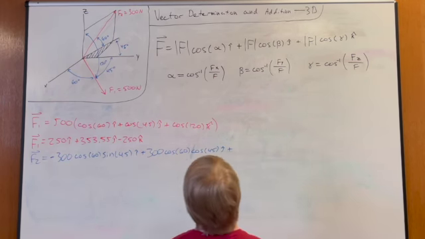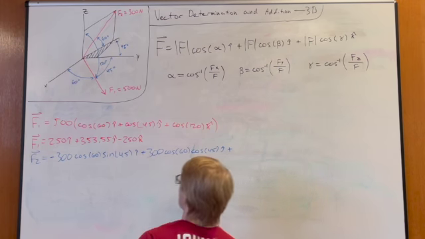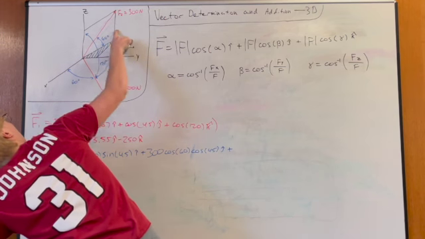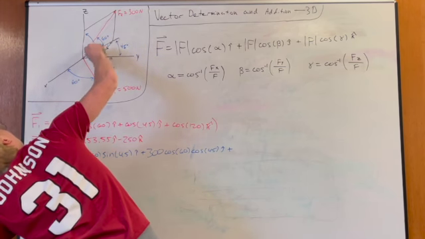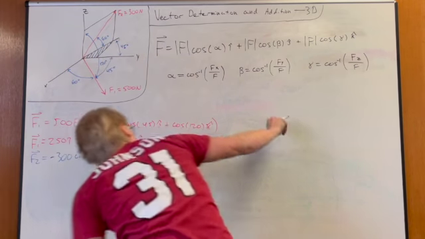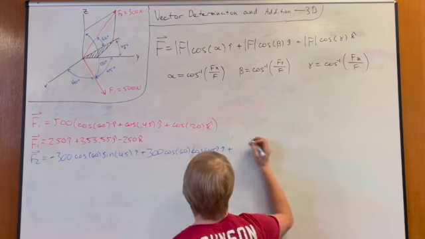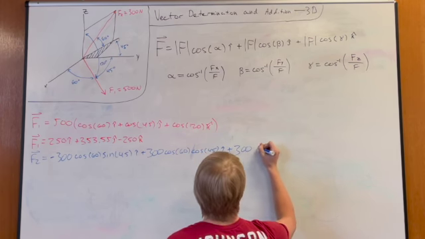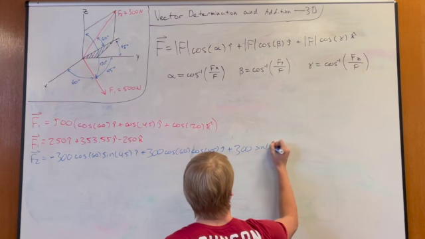And so the k hat direction is a lot easier because it's just this line right here. So if you take the sine of 60 times 300, you'll get the positive k hat direction. Sine 60.